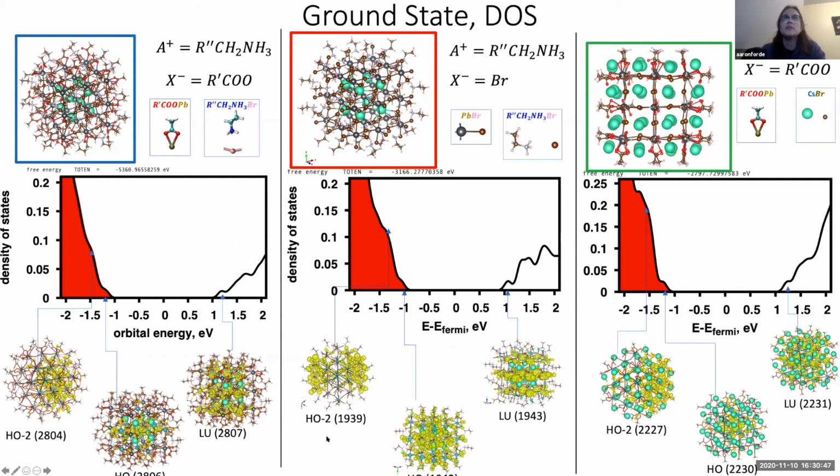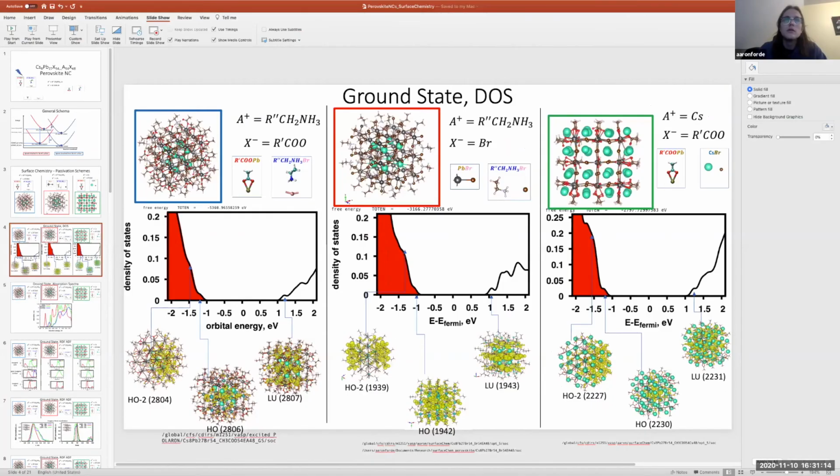You can see in the middle panel, if you look at the HOMO -2, that looks fairly like a p orbital. It kind of has a dumbbell shape.